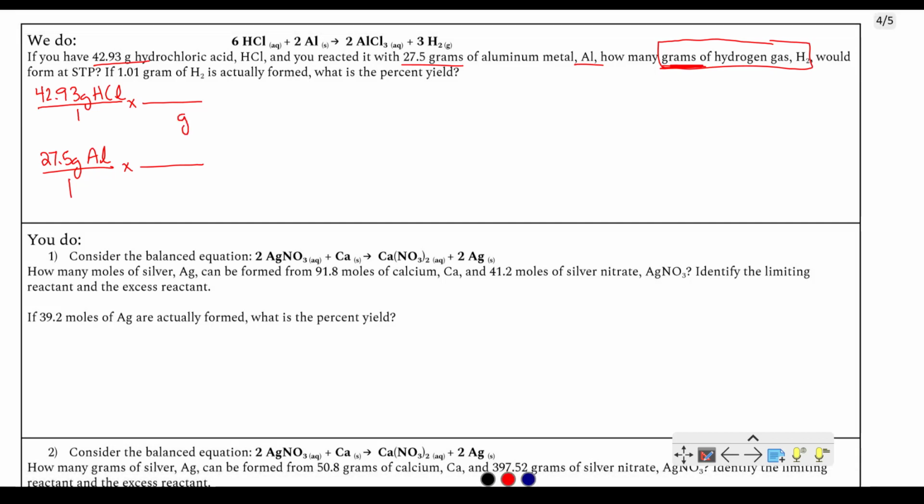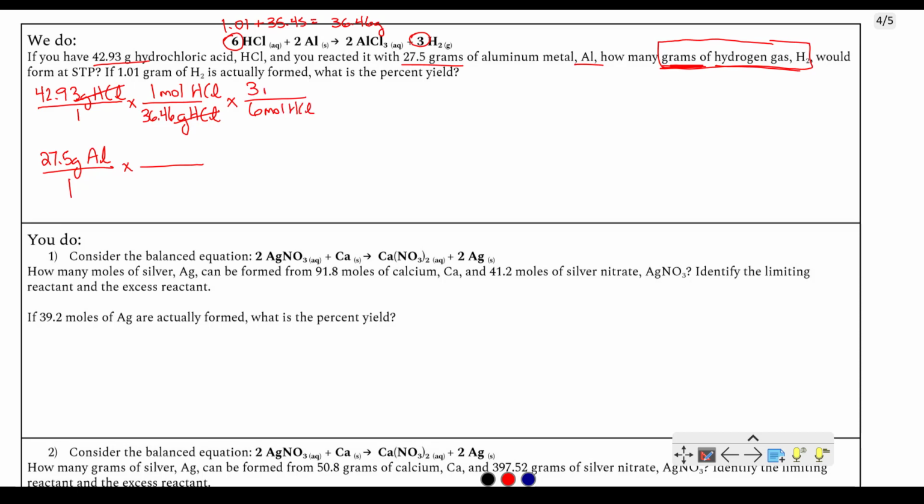Alright, so right now I need grams of HCl on the bottom for 1 mole of HCl. And I know that hydrogen is 1.01 and Cl, that's 35.45. And so that works out to be 36.46 grams. From grams, I need to get from moles of HCl, I need to get to moles of H2. So that is a 6:3 ratio, but the 6 goes with the HCl.